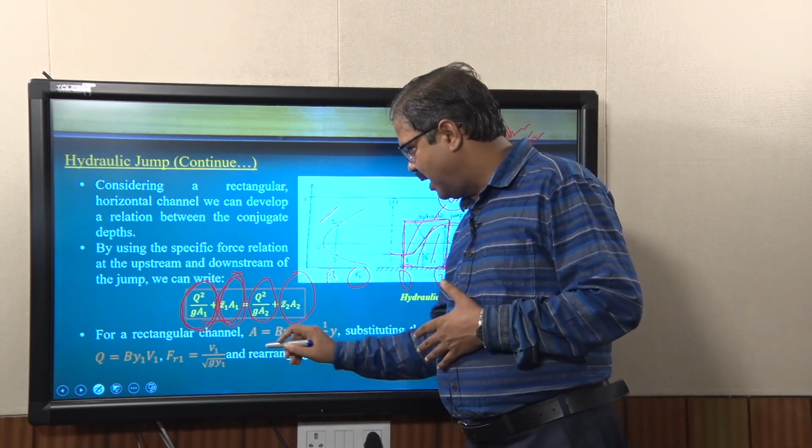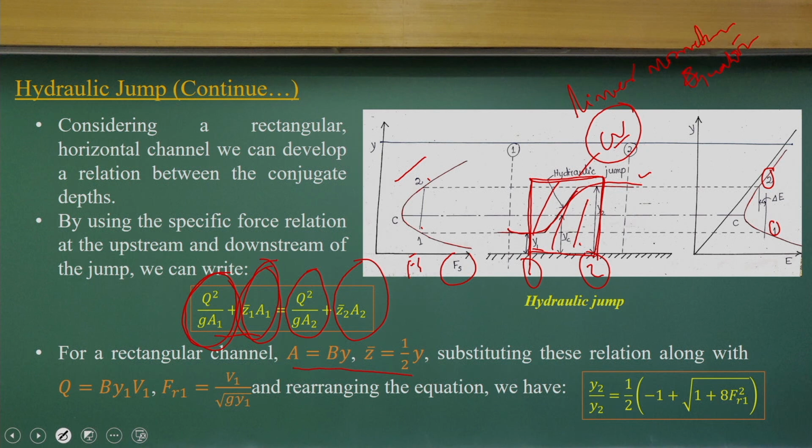Using simple geometric relations for a rectangular channel, like area equal to B times Y, and the centroid of the pressure center, together with the continuity equation, and in terms of the upstream flow Froude number, we can find a relationship between Y2 and Y1, which is a function of the upstream flow Froude number.